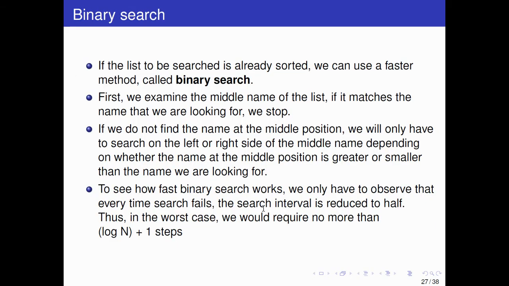Okay, so next we have binary search. There are two searching techniques we are looking at. First we have seen linear search, now we have binary search. Let's see what it is. If the list to be searched is already sorted, like in ascending order, then we can use a faster method called binary search.